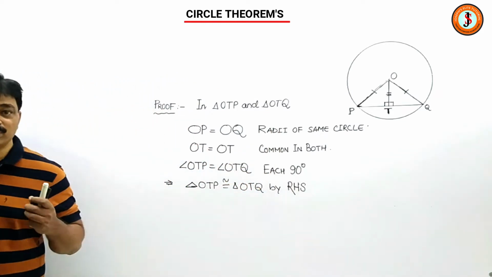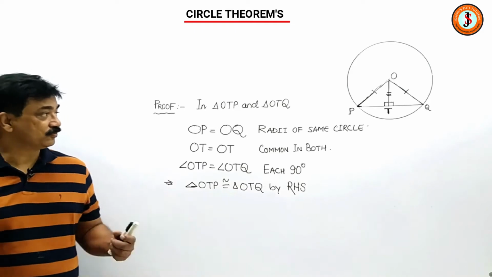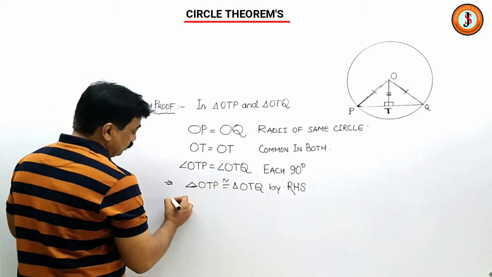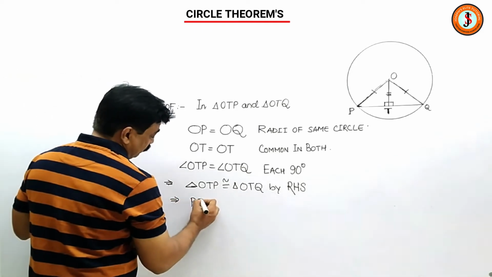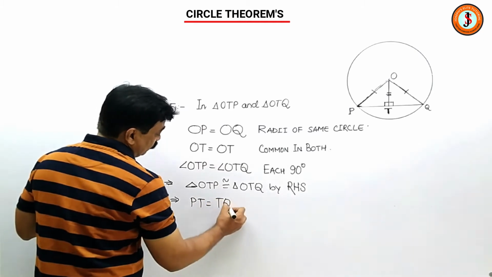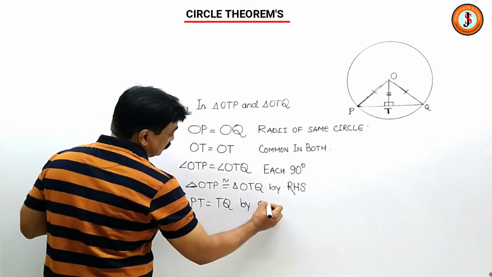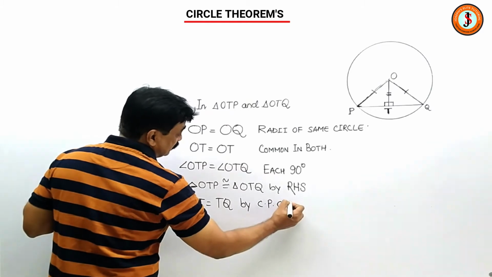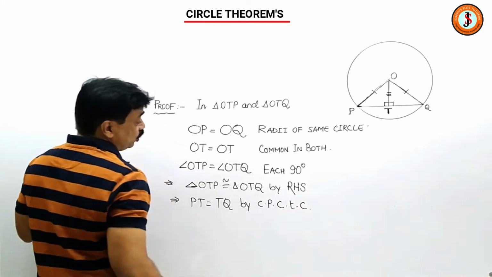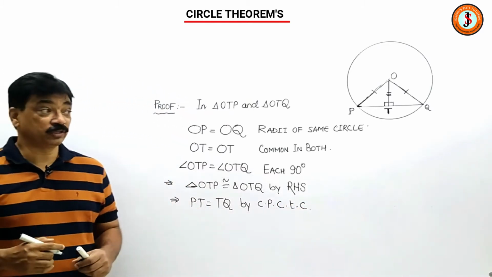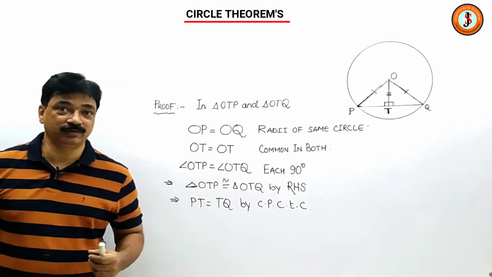This further implies PT is equal to TQ by CPCT, corresponding parts of congruent triangles.